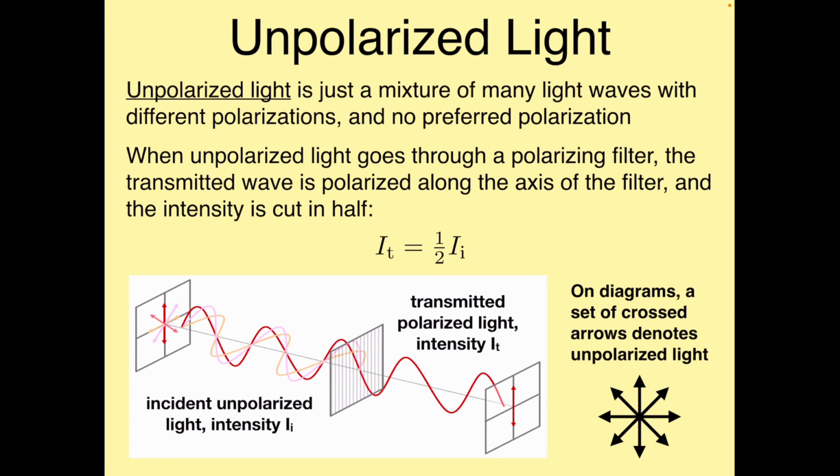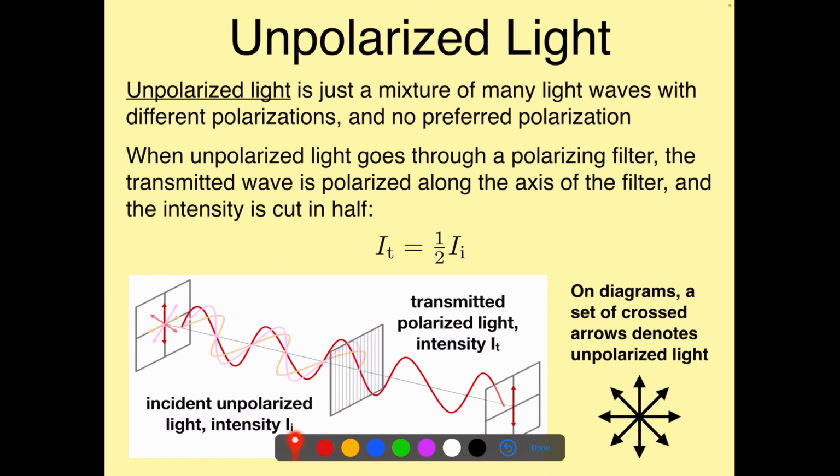Now, Malus's law is not the whole story, because Malus's law only tells you what happens when we have polarized light going through a filter. But there's also the possibility that you can start with unpolarized light. Unpolarized light is just a mixture of many light waves with different polarizations. So it's just a random mix of waves with different polarizations, and there's no preferred direction.